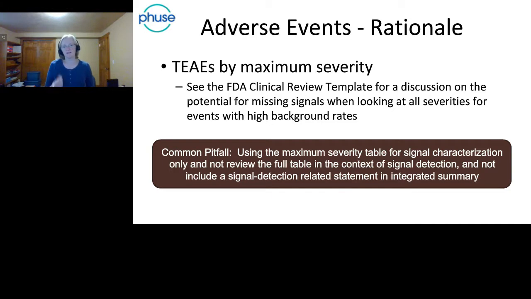Or, this event caught our attention, and you might talk about that event. Instead of just saying, well, most were mild, or X% were severe, right? When this table is interpreted, the write-up should include a mention of its role in signal detection, and that is a common pitfall.